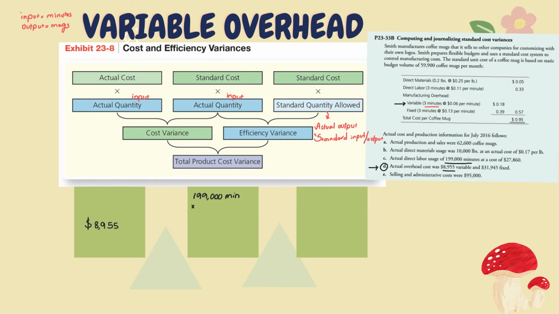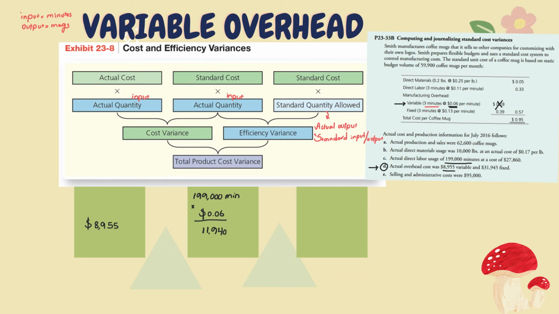So what's going to be the standard cost per minute? It's going to be 6 cents. And again, I'm not gonna use the 18 because this is per mug. I have minutes, not mugs. So I need to multiply it with 6 cents. So 199,000 times 6 cents, it's gonna be 11,940.